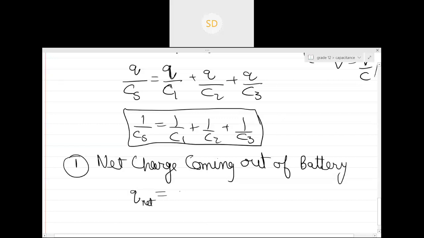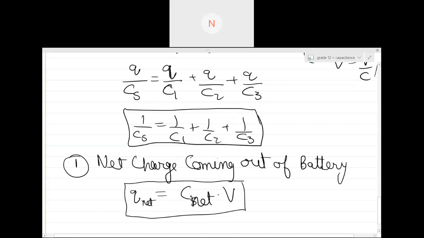V into CS, like the total C net into V. V is basically the battery across which charge was coming, and C net is basically the net capacitance. It's not necessary only series combination is there. This is the common formula, so we use this.